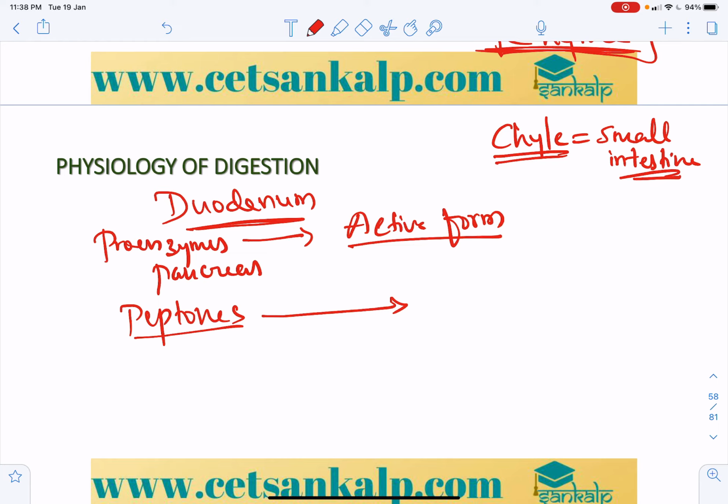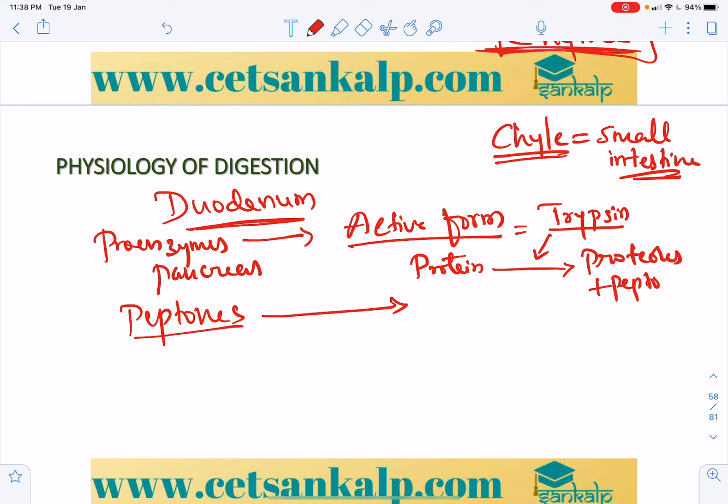Peptones in the presence of carboxypeptidase, but first let me take trypsin, the active form of trypsinogen. The protein in the presence of trypsin will be converted into proteoses and peptones.